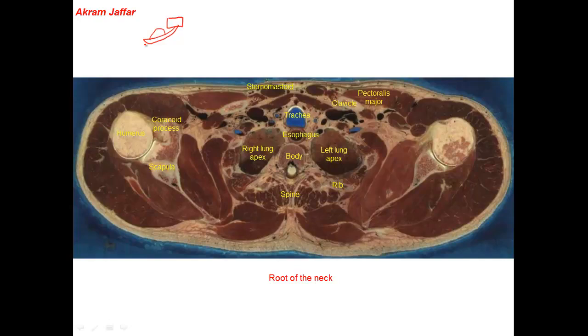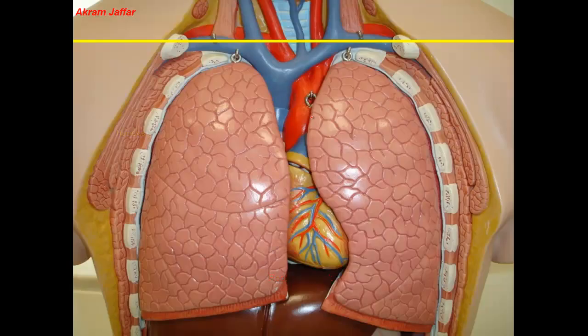Also in this section, we can see the internal jugular vein. This is the internal jugular vein here and there, the right and left internal jugular veins. Now, the next section is going to pass through this level at the root of the neck, and we can see here that this section will pass through the clavicle and will pass through the subclavian vein as well.